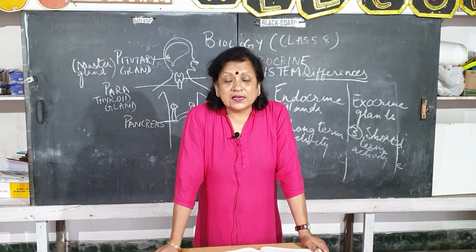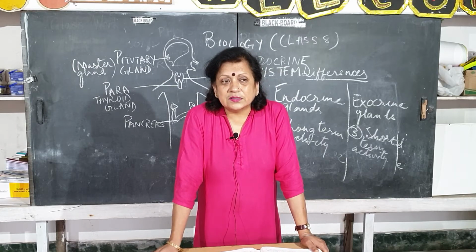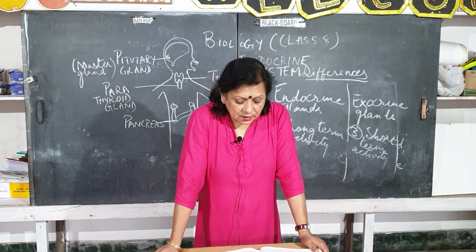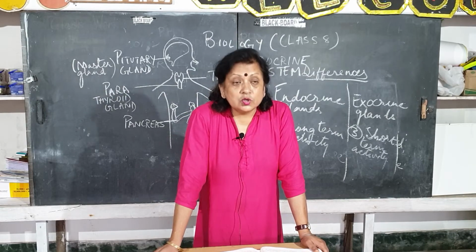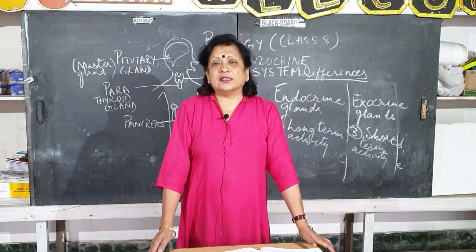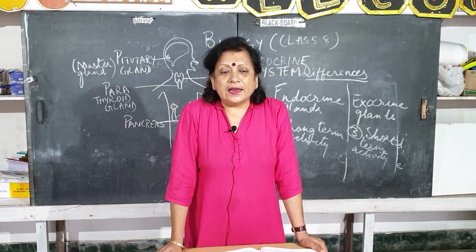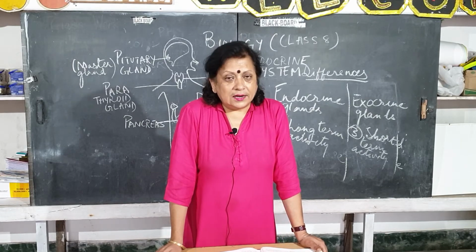So these glands, as we know, send the enzymes secreted by them through the tubes to the different parts of the body. So these are the main differences between endocrine and exocrine glands.